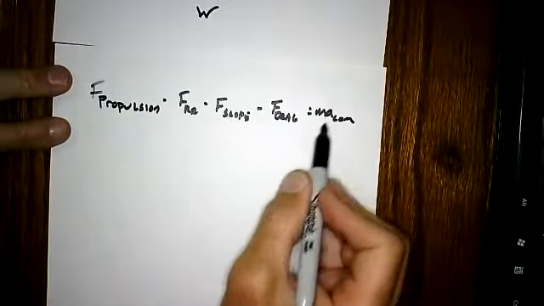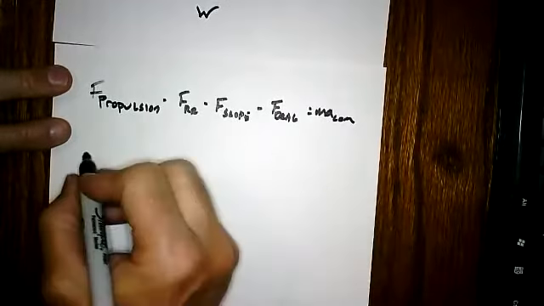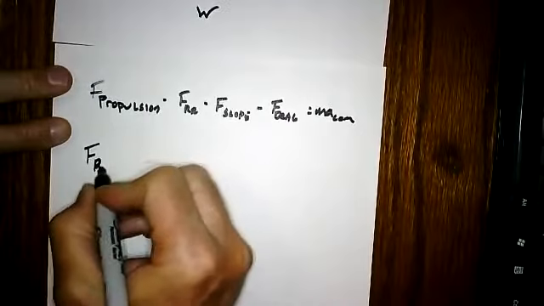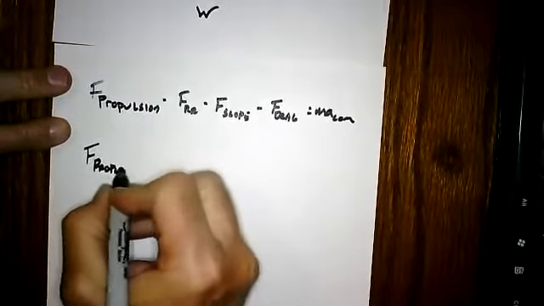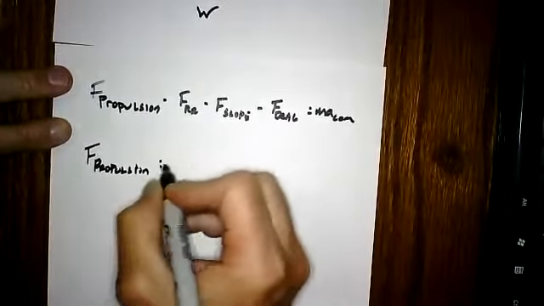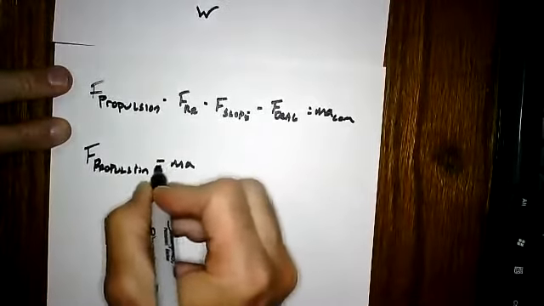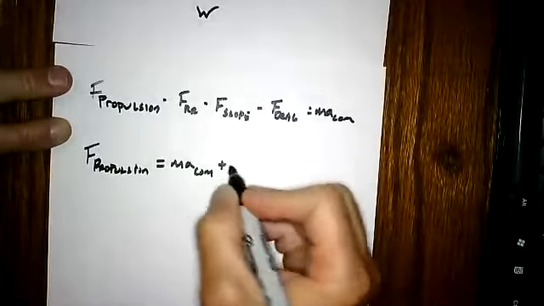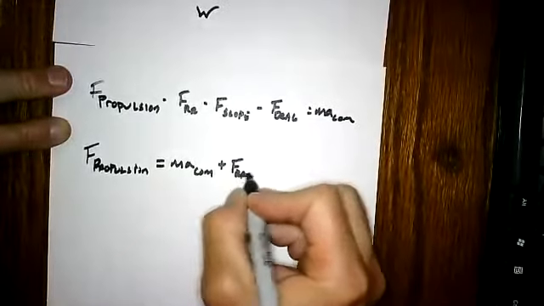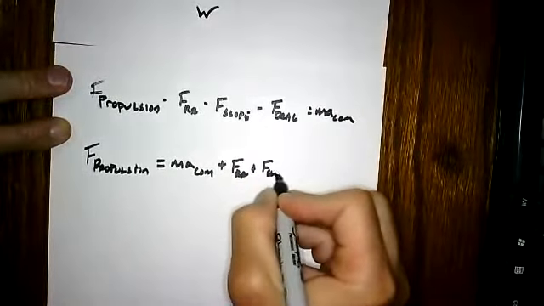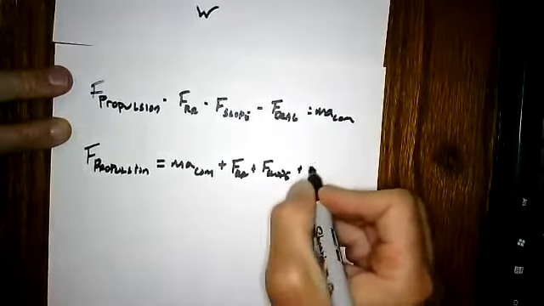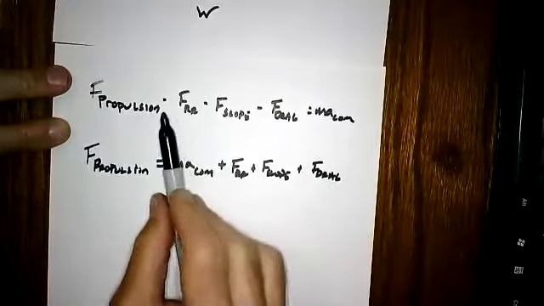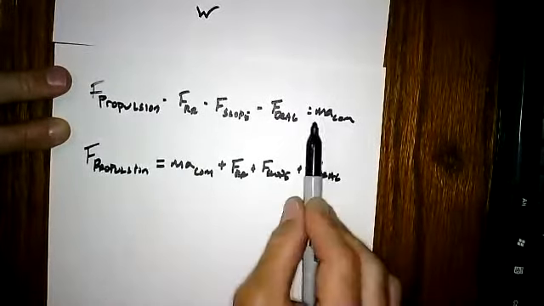I'm going to move them all over to the other side of the equality sign. So I'm going to rewrite this as F propulsion equals m a COM plus, now I'm going to add F RR plus F slope plus F drag. So I'm just doing my algebra to move this to the other side of the equality.